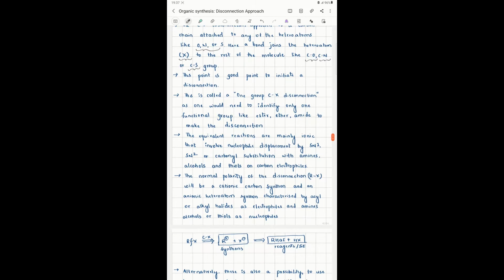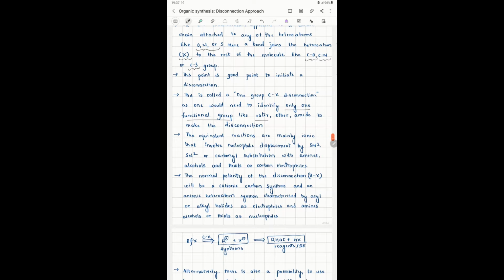This is called one group C-X disconnection, as one would need to identify only one functional group in the target molecule.